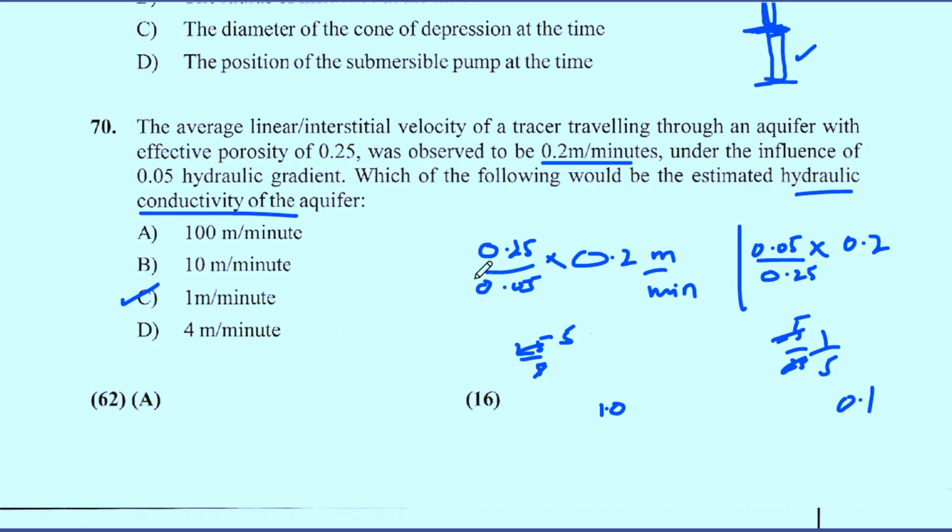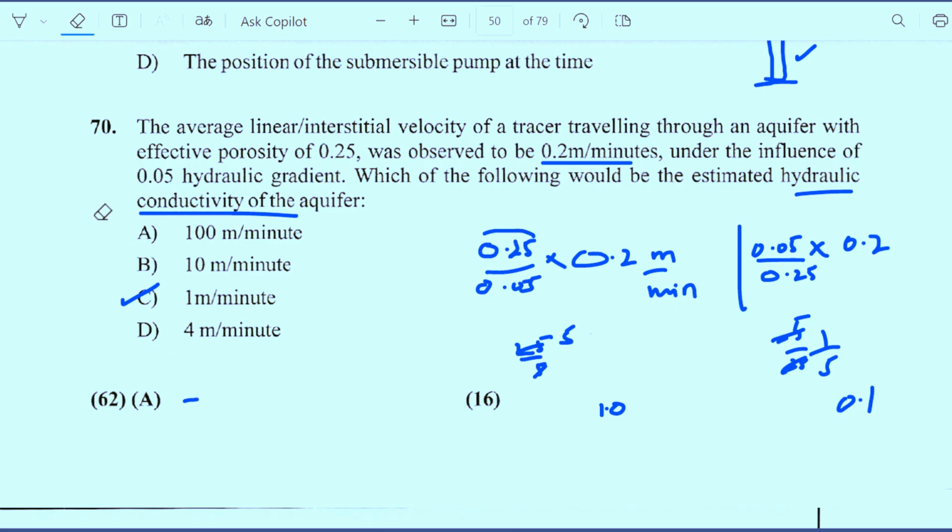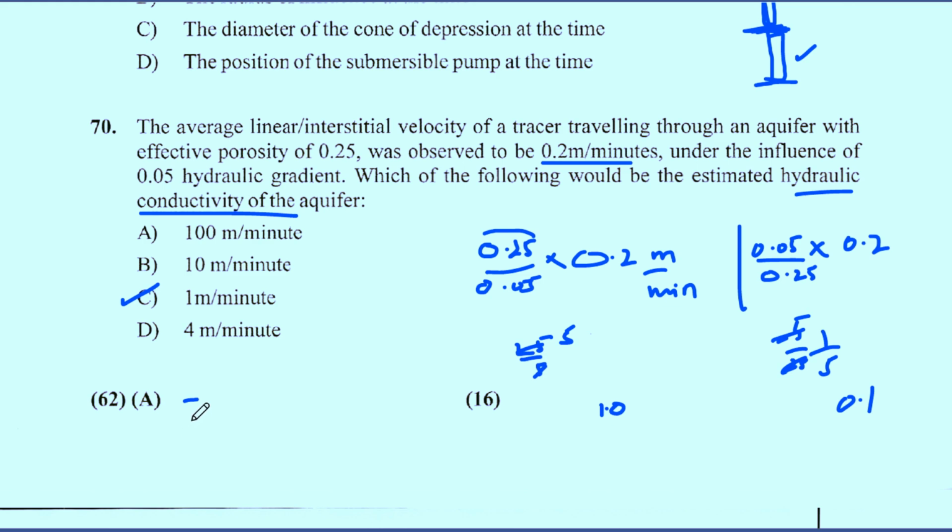so now 0.2, how we will calculate it. The formula is effective porosity divided by, sorry, so our formula is linear or initial velocity divided by hydraulic gradient into effective porosity.